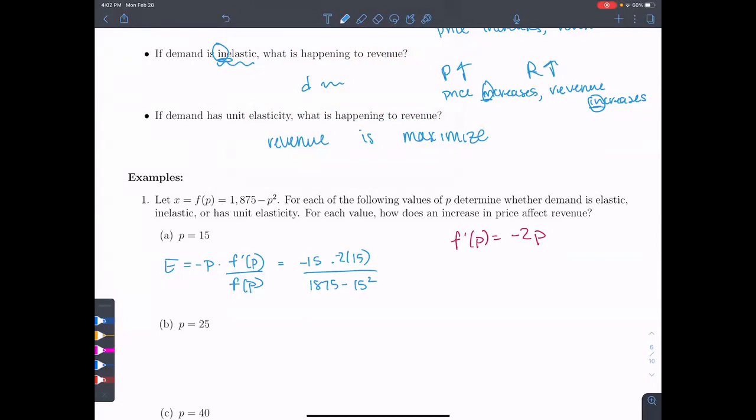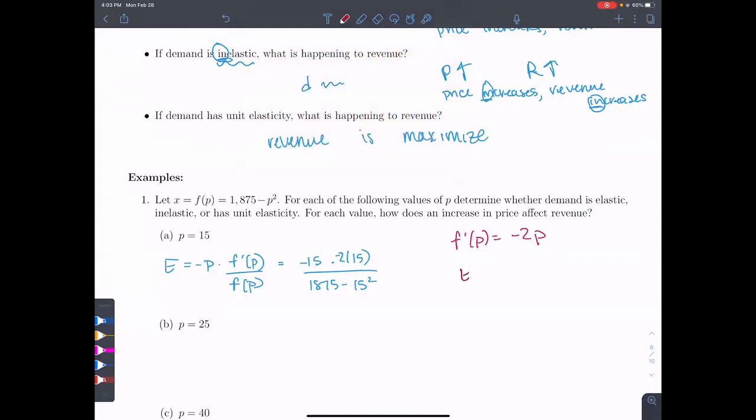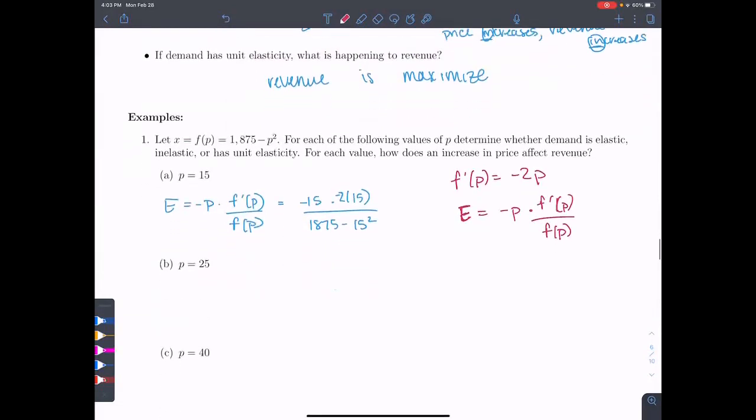Maybe I should write this down differently. The elasticity of demand is going to be negative P times F prime of P over F of P. So for us, that is negative P times negative 2P over 1875 minus P squared. So this is our E, and we're going to do this a couple times.